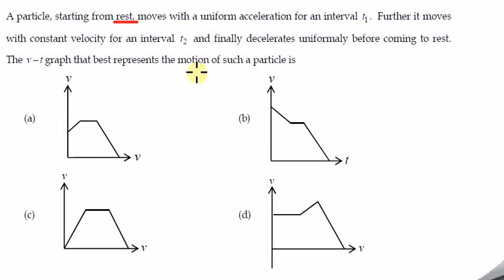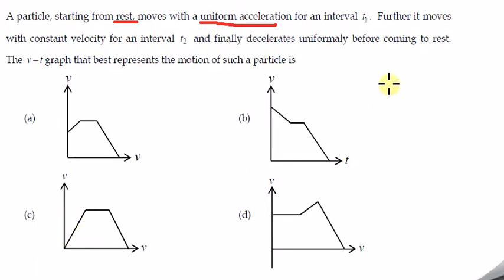So we have already understood that the option is C, because no other graph starts from the origin. But still we will analyze this entirely. A particle starting from rest moves with a uniform acceleration. This is also a very important keyword. Uniform acceleration, remember friends, will always have a positive slope.